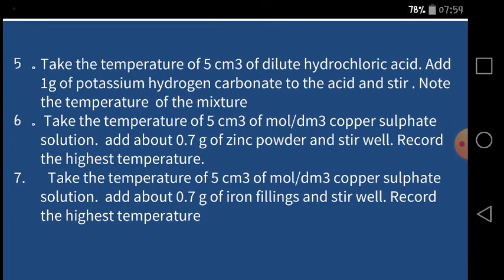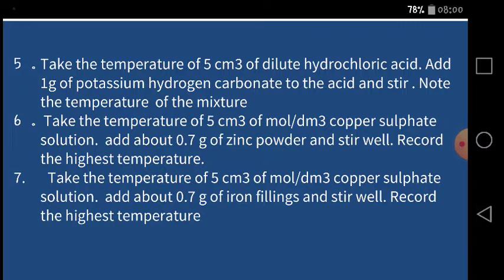Step 5: take the temperature of 5 cubic centimeters of dilute hydrochloric acid, add 1 gram of potassium hydrogen carbonate to the acid and stir. Note the temperature of the mixture. Step 6: take the temperature of 5 cubic centimeters of 1 mole per cubic decimeter copper sulfate solution and add about 0.7 gram of zinc powder and stir well.